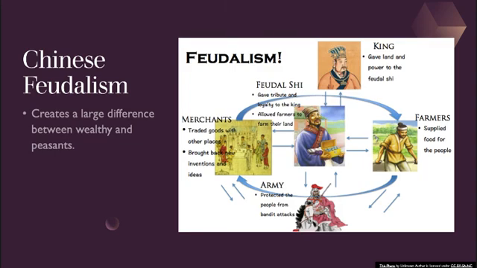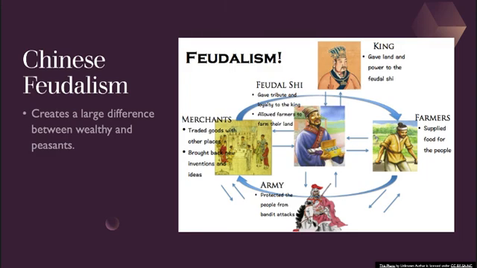Feudalism is all of those in one. It incorporates all of those in one. Whereas in America, we have three separate things that define those, in China, feudalism is all in one. So this is how it worked.